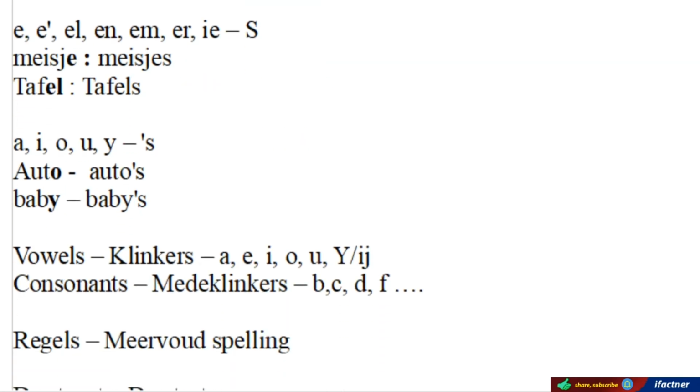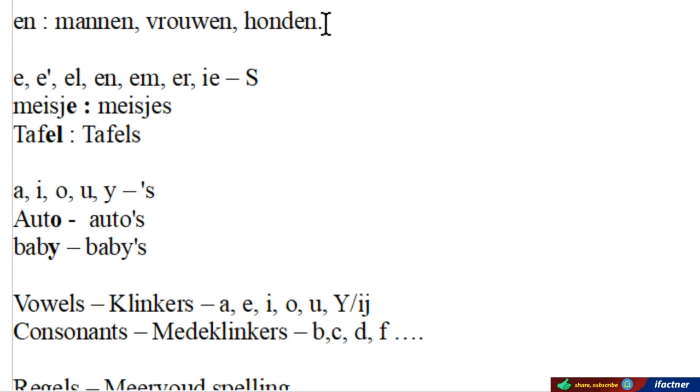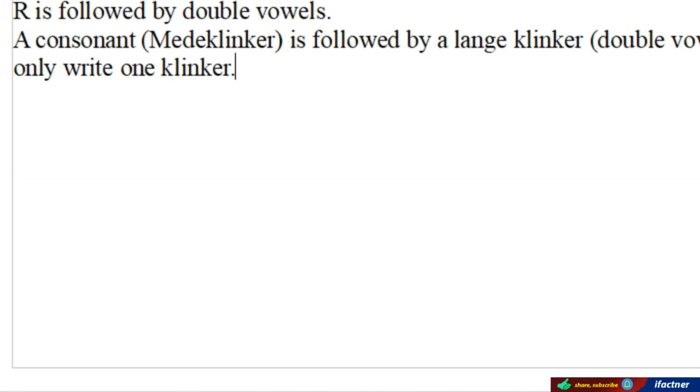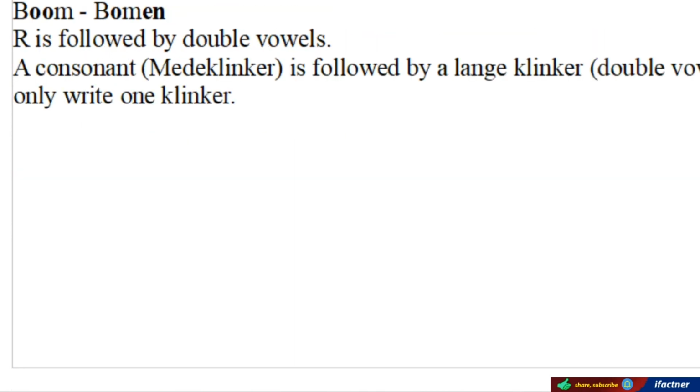And we have already discussed that most of the meervoud don't have en at the end. Only the words which end with e, el, en, em, er and ie, they get s at the end. And if the word ends with a, e, o, u and i, then we have apostrophe s. So this was rule 1, regel 1.